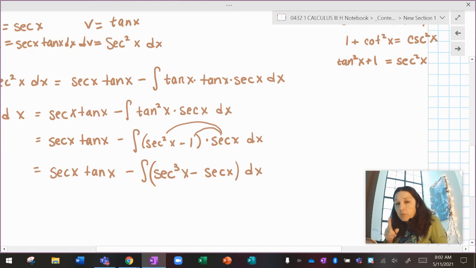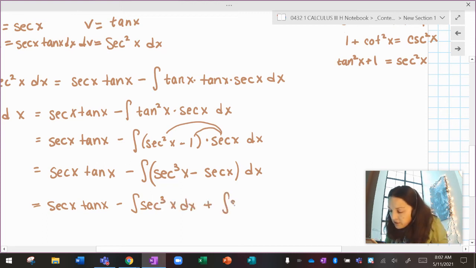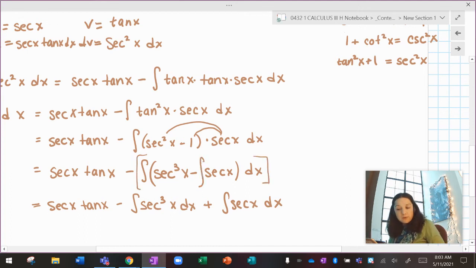And then realize, wait, secant cubed is something I've already dealt with, so I'm going to use a property of integration: when you're integrating a difference, this could be the integral of secant cubed x dx plus the integral of secant x dx. Basically this integral applies to both of these, and then that negative would distribute.